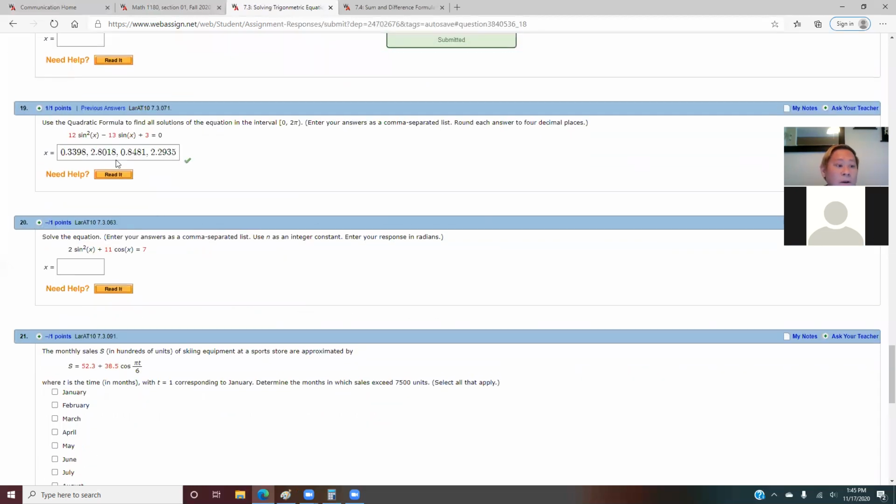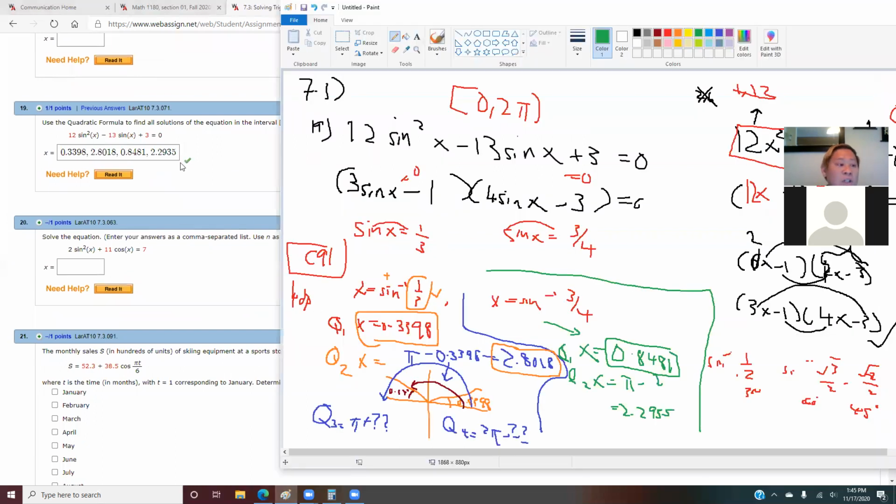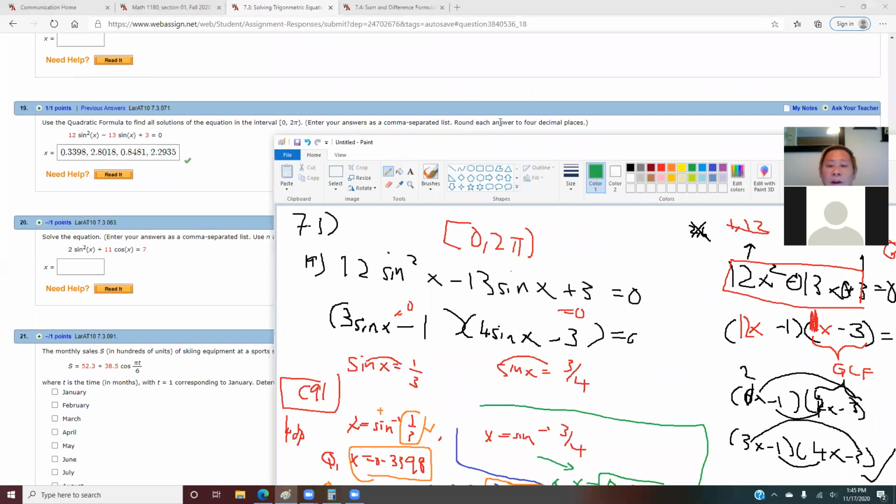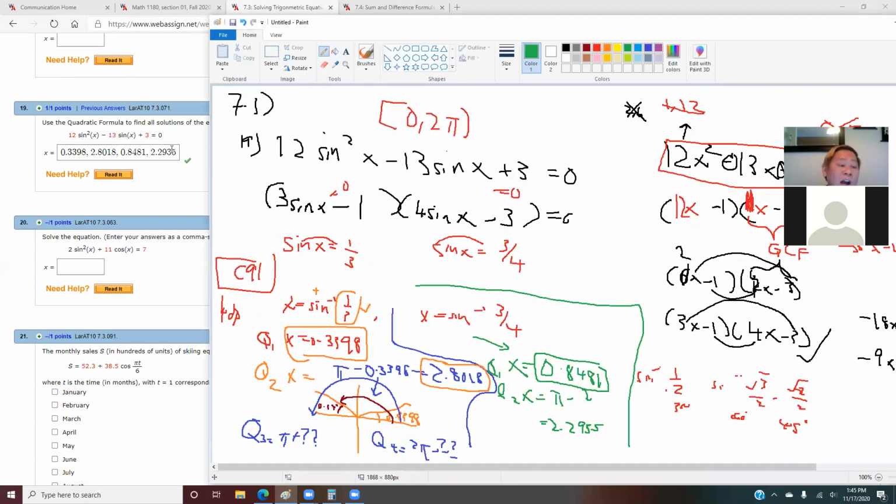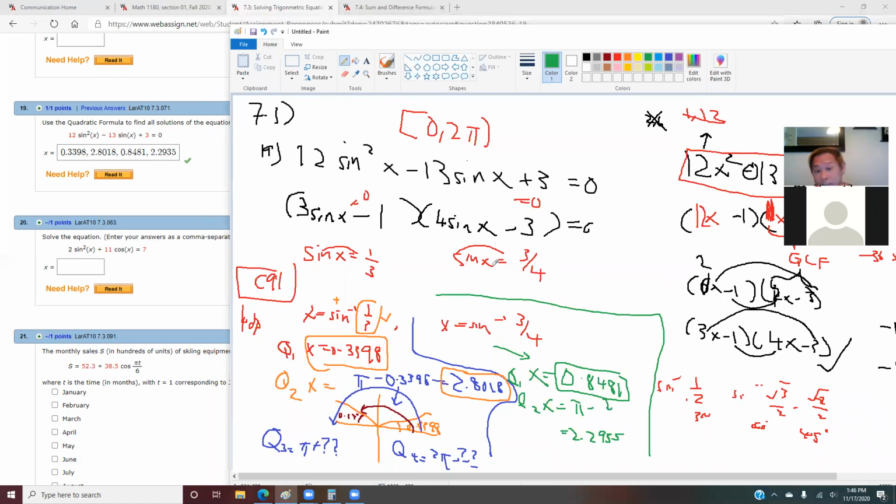So this is how you figure out question number 19, where you have to use your calculator. How do we know this? Because the question is asking us for 4 decimal places, so it's very obvious you have to use your calculator. This question is not going to come up in your test, because mostly I do not want you to use the calculator.